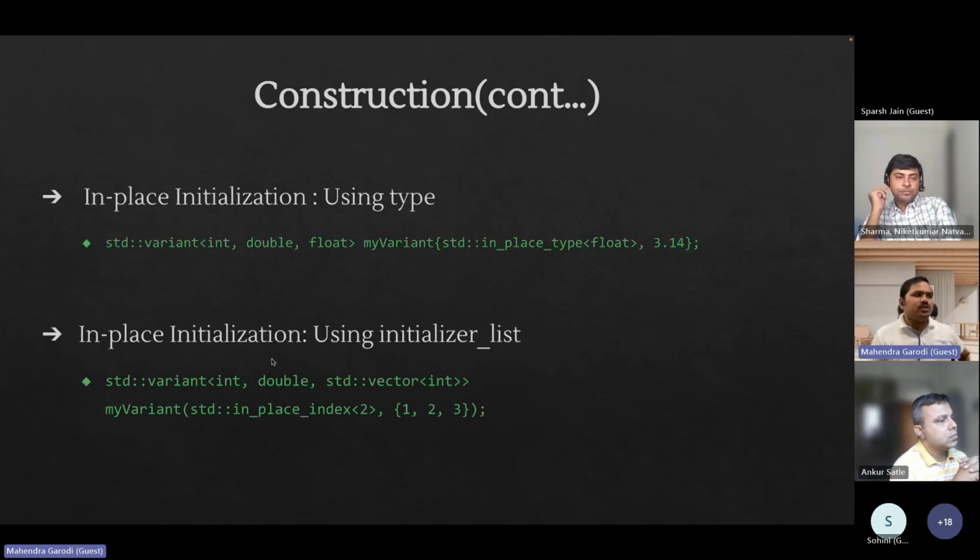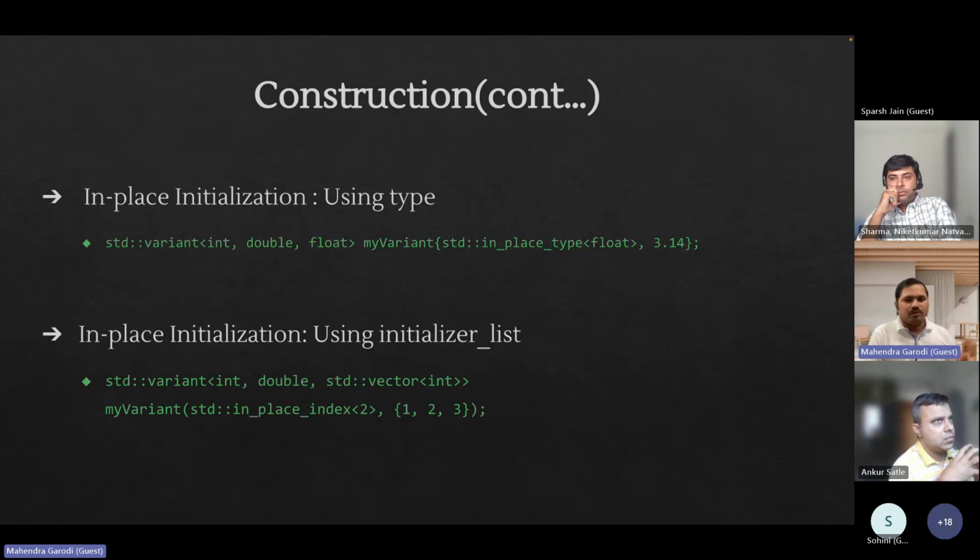The other one is using an initializer list. Let's say you have an alternative data type which takes an initializer list as part of a constructor, and you want to pass that. Then you can't directly pass it. You have to use the in-place syntax, which might be in_place_index or in_place_type.